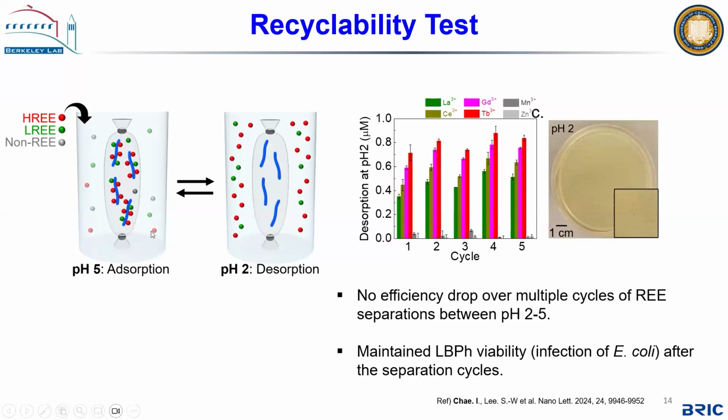And as we decrease the pH to 2, there is a release of the REs from the virus. Then we can basically separate from the non-REs too. So you can see here over 5 different cycles, there is no decrease of the binding efficiency. And also the heavy REs group, the red, are bound more than the light REs. So it shows this excellent recyclability for large-scale separations of the REs.